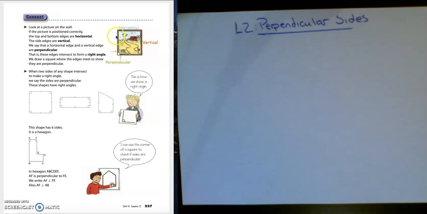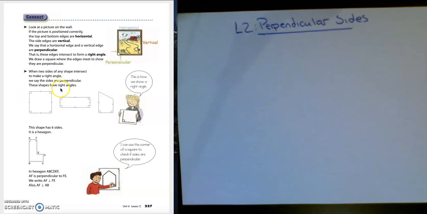When a perfectly horizontal line and a perfectly vertical line meet, they form something called a right angle or a 90-degree angle. Hopefully you've heard that before. The technical term for that is perpendicular. So the vertical line here and the horizontal line here form a perpendicular, also a right angle.